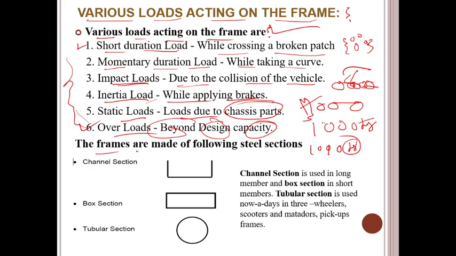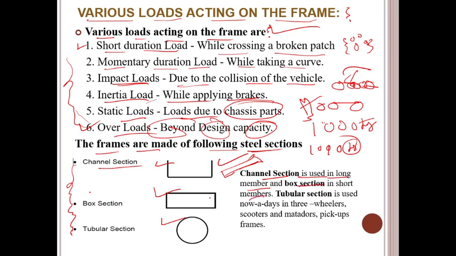If you observe, the frames are made of steel sections: channel sections, this one is the box section, and this is the tubular section. So these are the materials and designs. Steel is the material used. Channel section is used in long members, very long members covering huge distances.